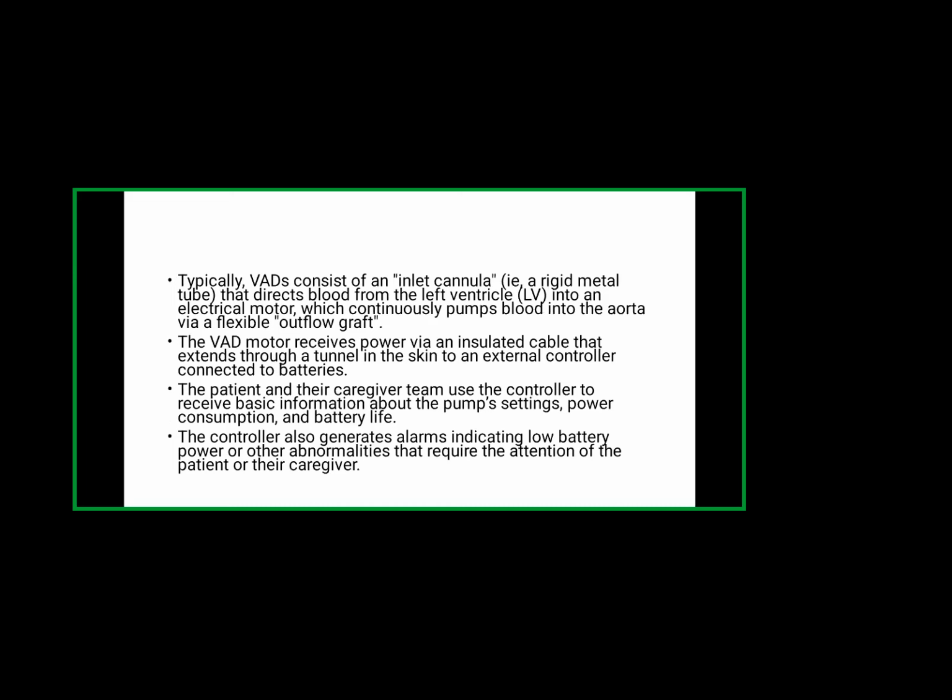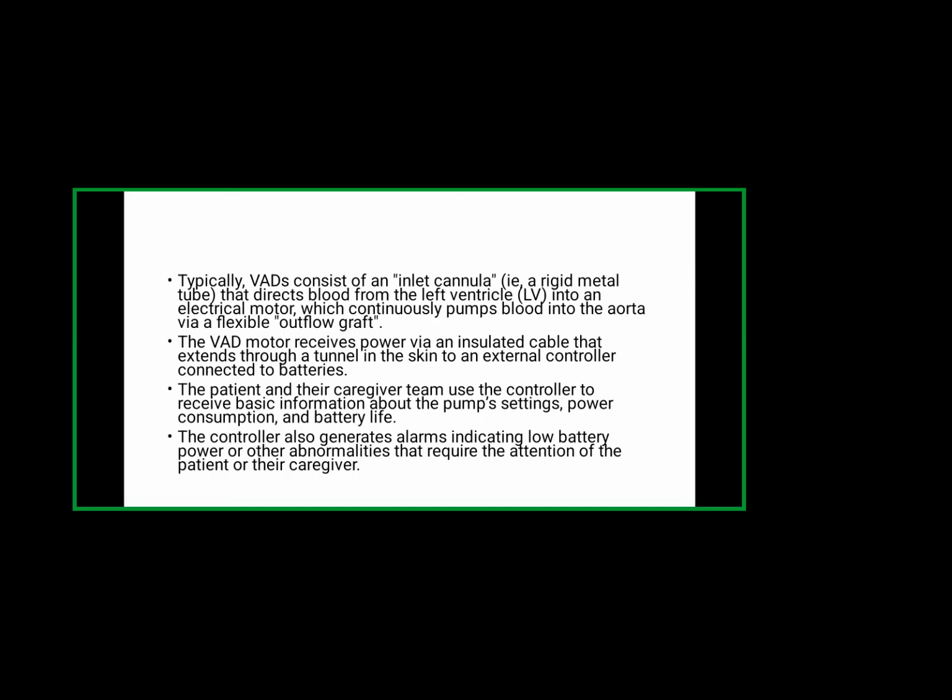So they are described as having an inlet cannula, where blood is directed from the left ventricle into an electrical motor. Okay, the motor is what pumps blood into the aorta via a flexible outflow graft. So blood leaves from the LV into a cannula, goes to the motor, and from there it's connected into the aorta through this graft.